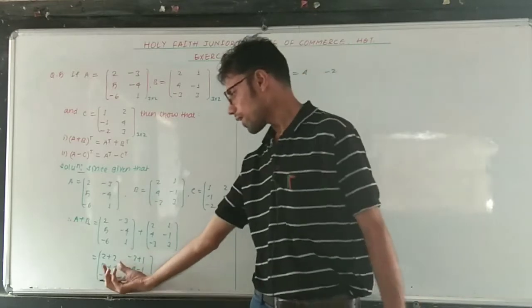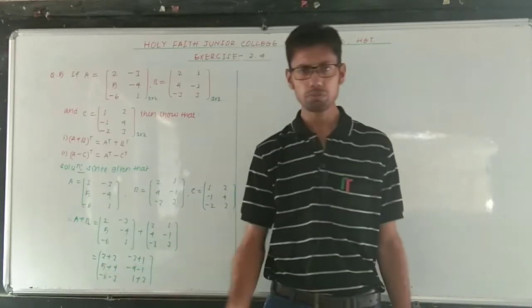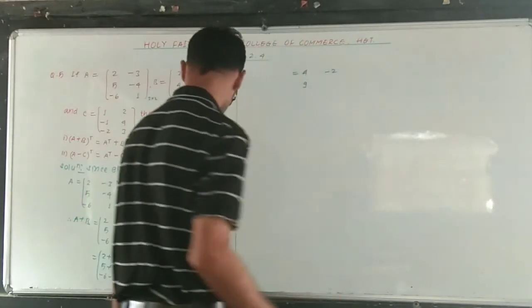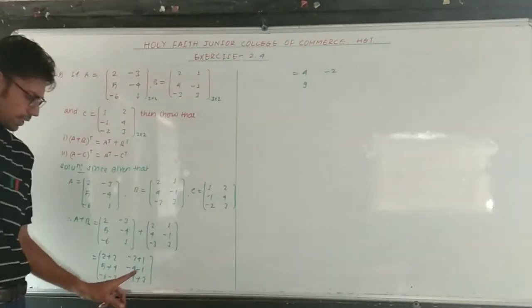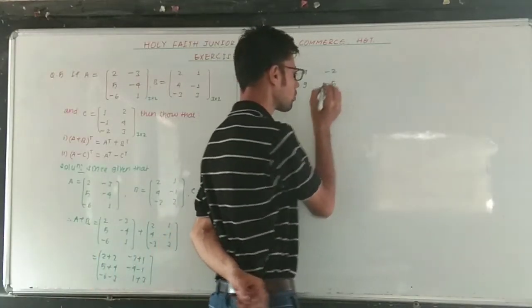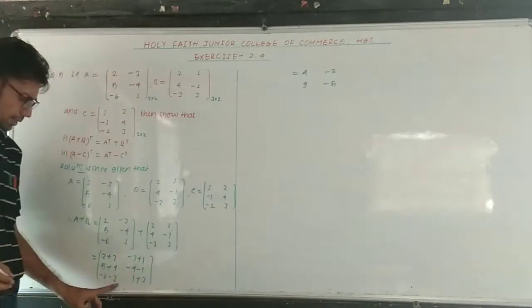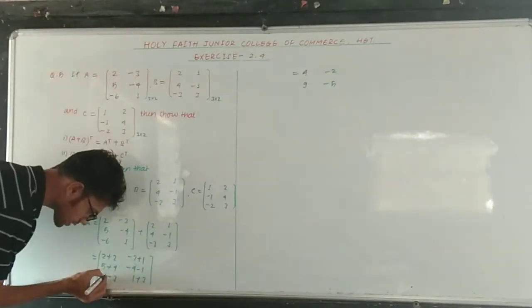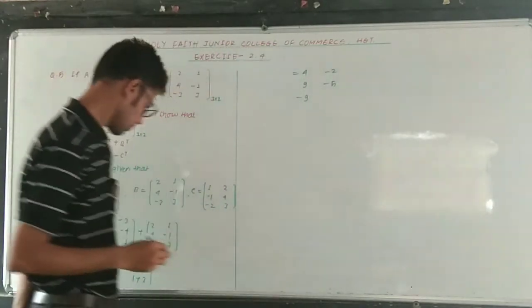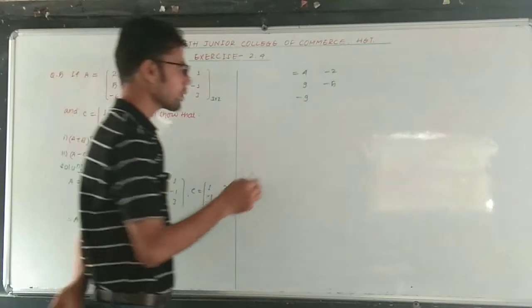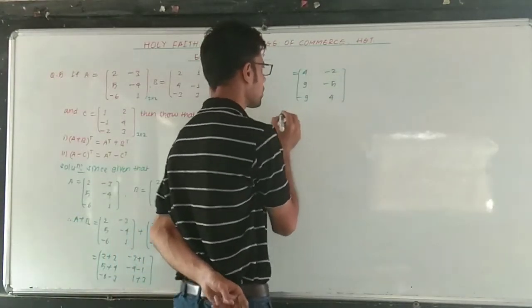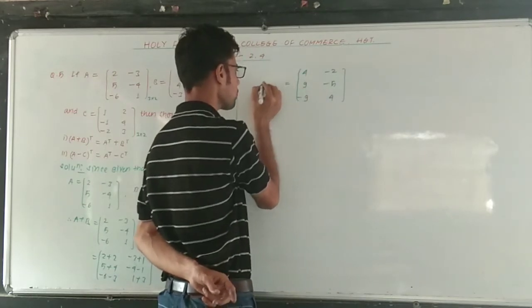After that 5 plus 4 becomes 9. After that minus 4 minus 1 becomes minus 5. Next value, minus 6 minus 3 is minus 9, and 1 plus 3 becomes 4. This is the value of A plus B.